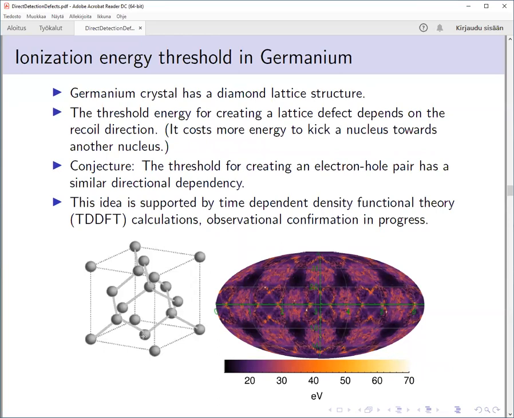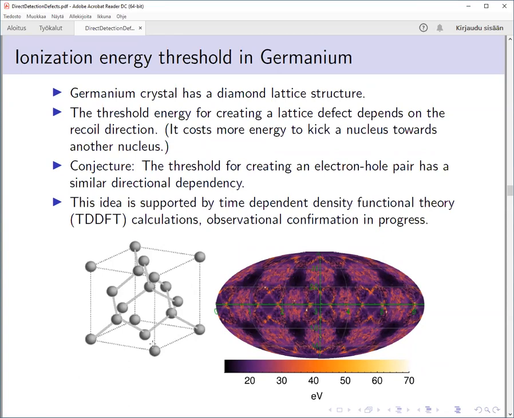surrounding lattice structure. So these formulas that I showed before for the nuclear scattering rate, they were all for this kind of 2-to-2 scattering between a free nucleus and a dark matter particle. But now, as we try to move towards smaller and smaller recoil energies to be able to probe lighter and lighter dark matter particles, we must start to worry about these kinds of solid state effects, that the particle is not in isolation but is a part of a crystal.